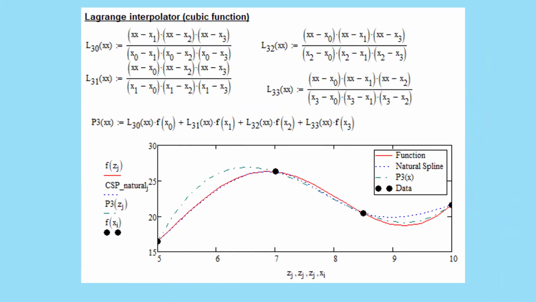This is the comparison between the original function, cubic spline, and Lagrange interpolation. As you can see, the Lagrange and the natural spline, these two methods pass through the same data points, but the splines follow the function more smoothly, especially between the data points.